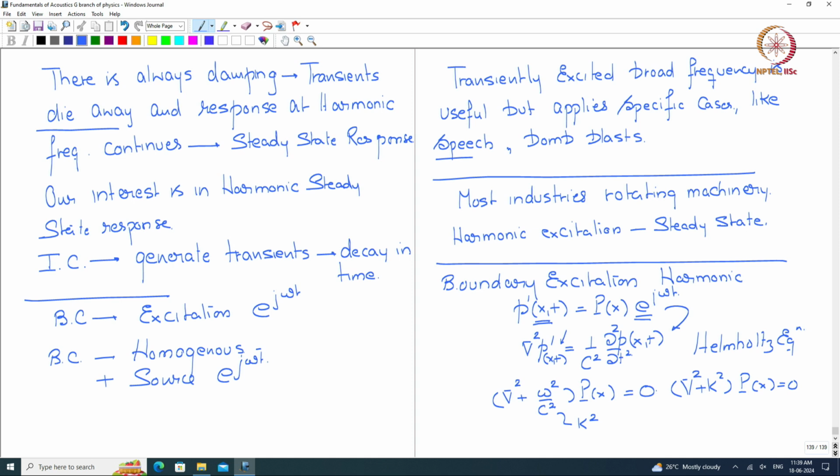If this is driven by a boundary harmonic excitation, if there is a force within the medium, then you'll have to put a Q in here, which is of harmonic nature. So we will be looking at this sort of problems.